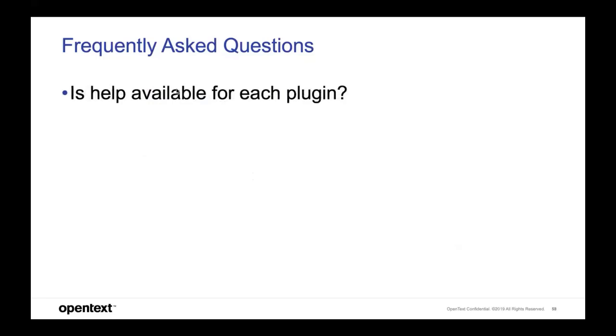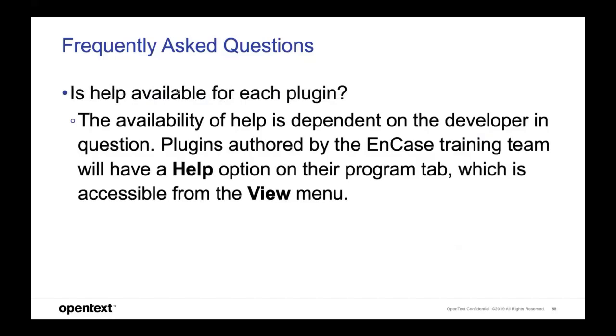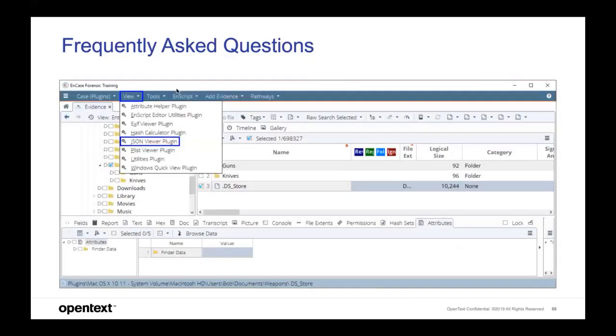When it comes to obtaining help for each plugin, that will depend on the developer in question. All of the EnCase training plugins have a help option on their program tab, which can be displayed using the appropriate option on the view menu as shown in the following screenshots. In this case, the tab for the JSON Viewer plugin is being invoked.